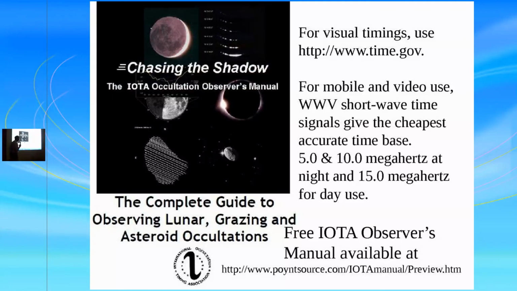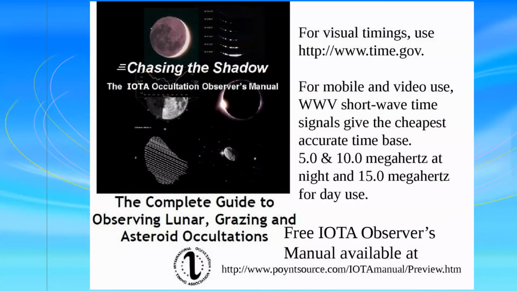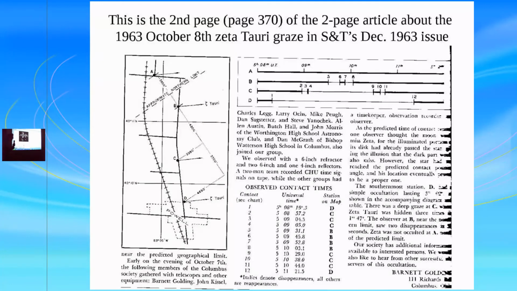But if it's broad daylight, then 15 becomes important. And sometimes occultations can occur during the day that you can observe. Not too often, but they do happen. Anyway, the observer's manual that explains all this is available at the website shown here, so you can get these presentations from the meeting website. Next slide.